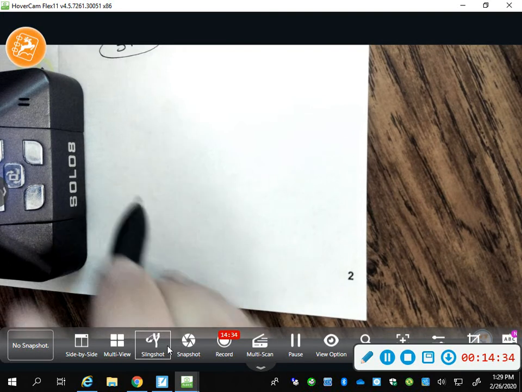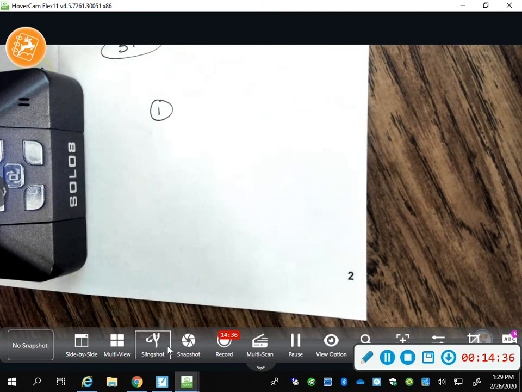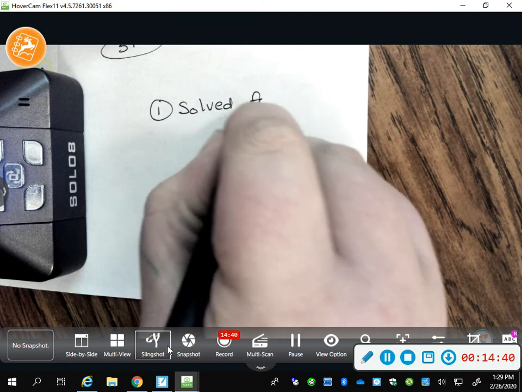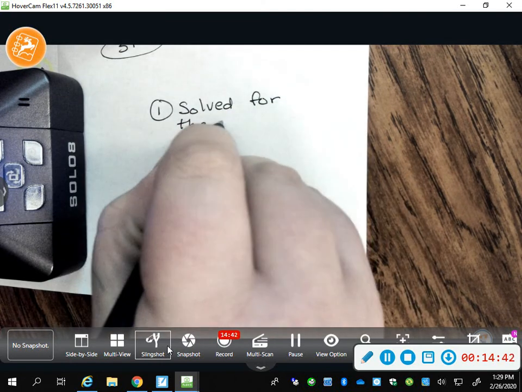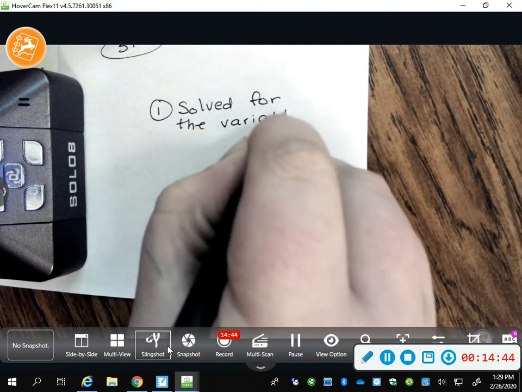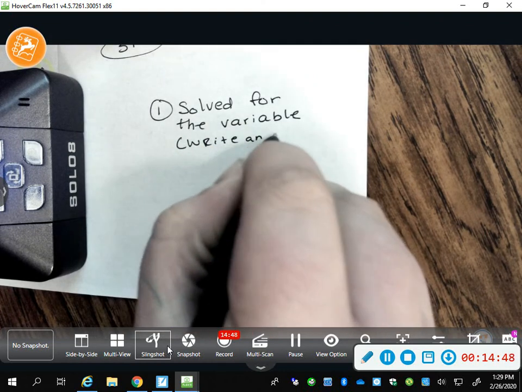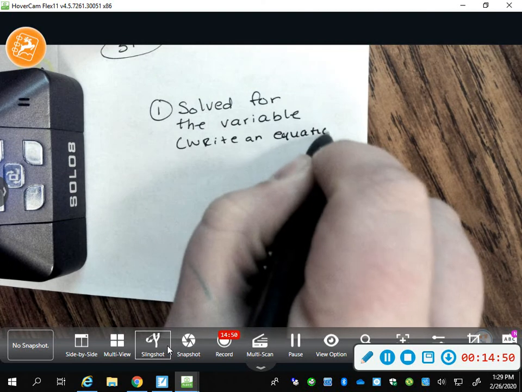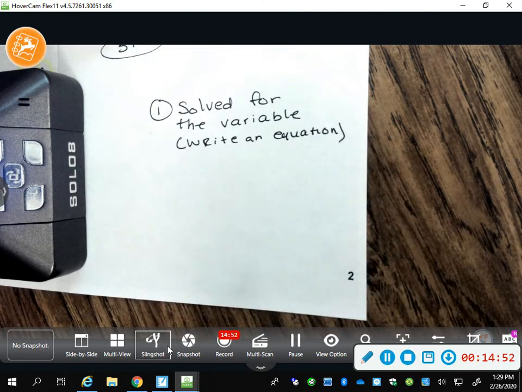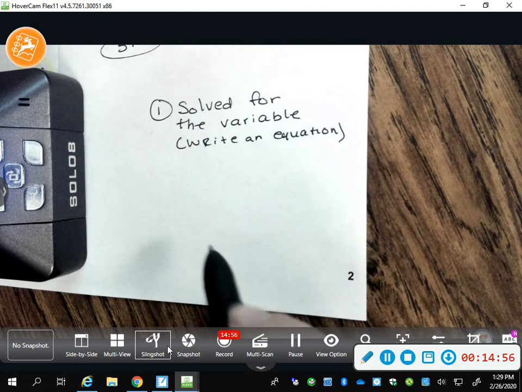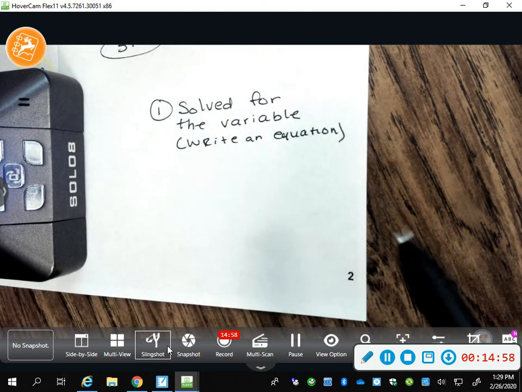Just to recap what we've done today, the first thing we did was we solved for the variable. We did this by writing an equation. What we needed to know to write this equation was that all of the inside angles of a triangle, the interior angles of a triangle, will add to be 180 degrees.